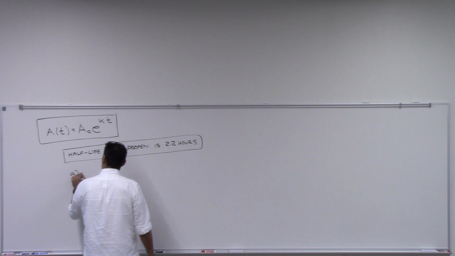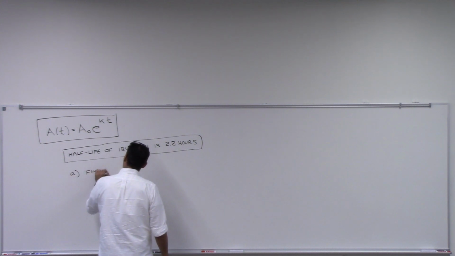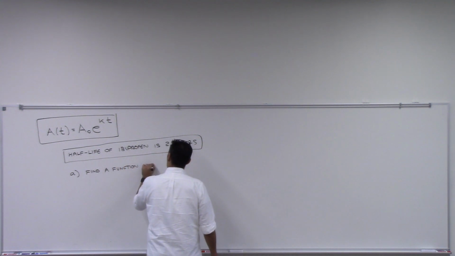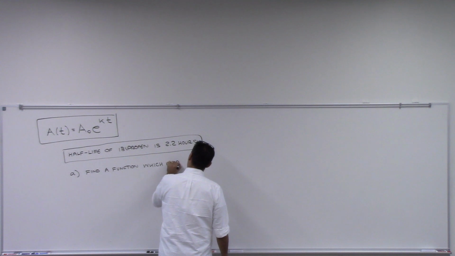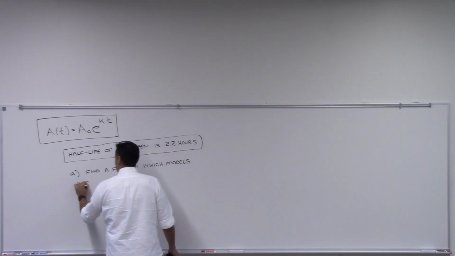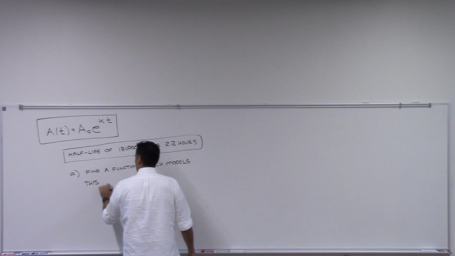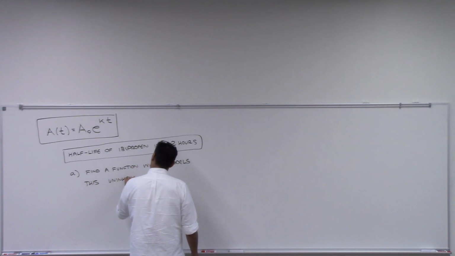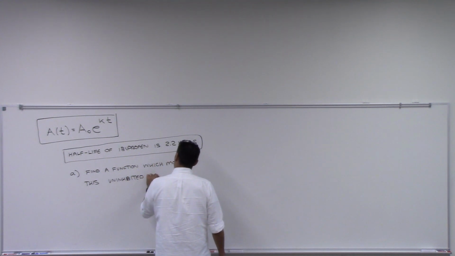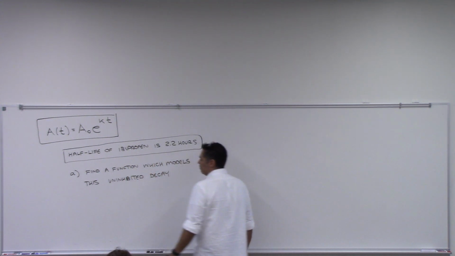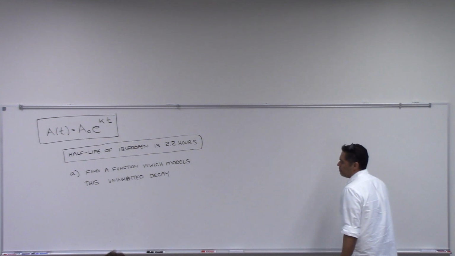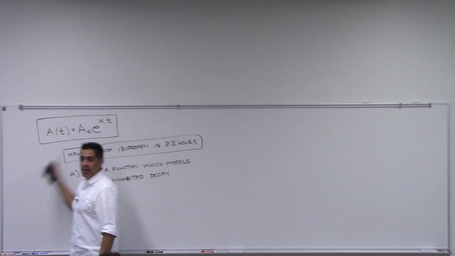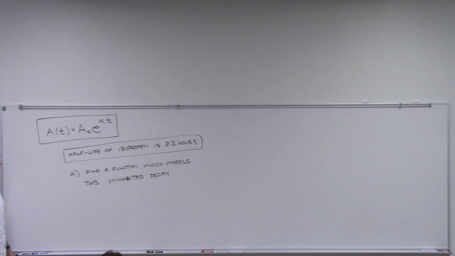I want us to find a function which models this uninhibited decay, because it's going away. It's going to have to be this generic model, because I'm saying it's uninhibited decay.